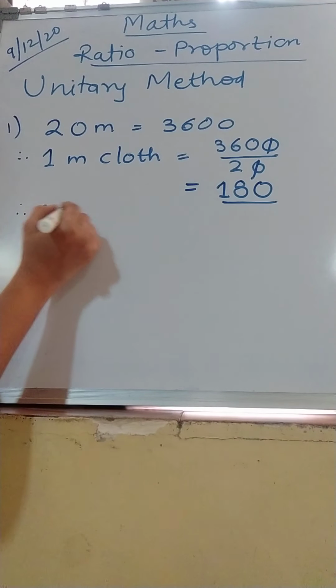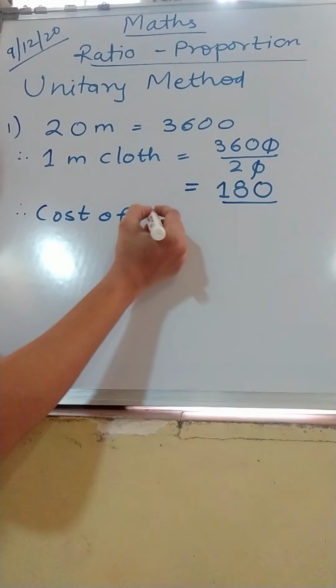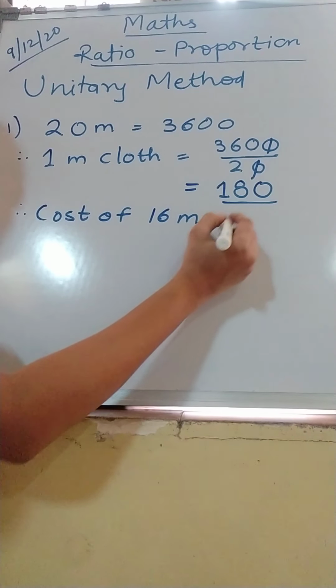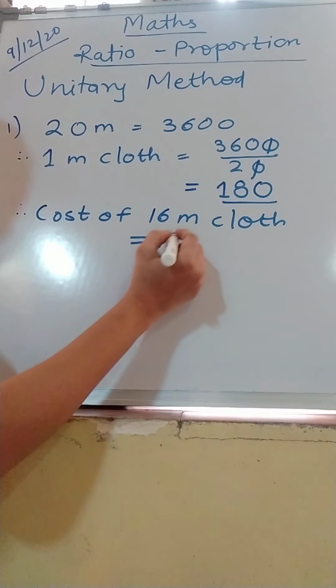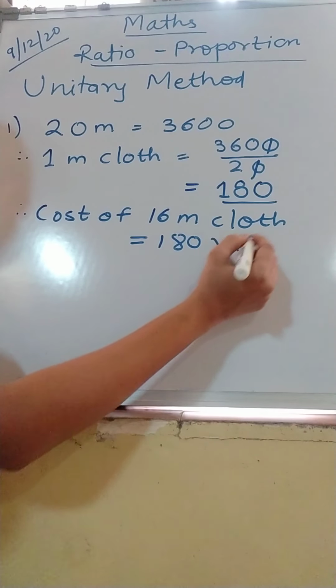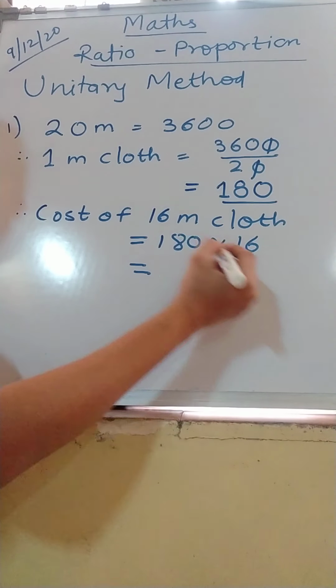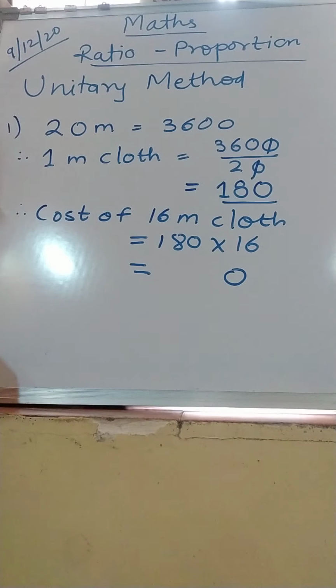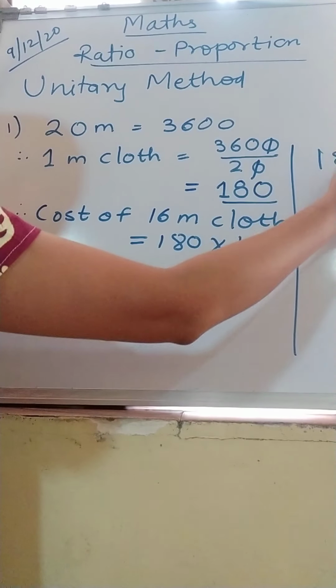Therefore the cost of 16 meters of cloth is equal to 180 multiplied by 16. Understand? Now 6 zeros are 0. 6 8s are 48, for this you have to know your tables. Let's solve it here like this.